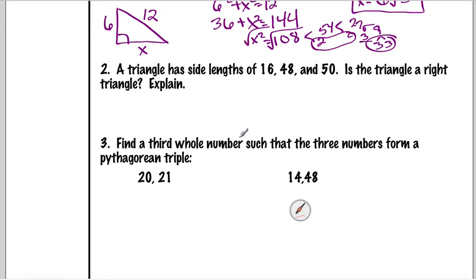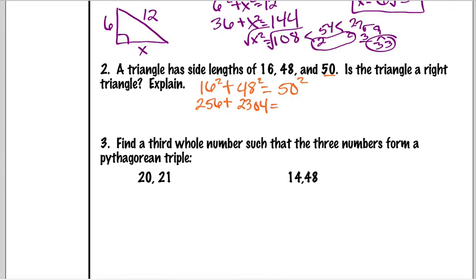Question 2 says a triangle has side lengths of 16, 48, and 50. Is the triangle a right triangle? And explain. So we're going to check if it works for the Pythagorean theorem. I'm going to plug it in the normal order: a squared plus b squared, and c, of course, would be the longest number, so c squared there. 16 squared is 256. 48 squared is 2304.